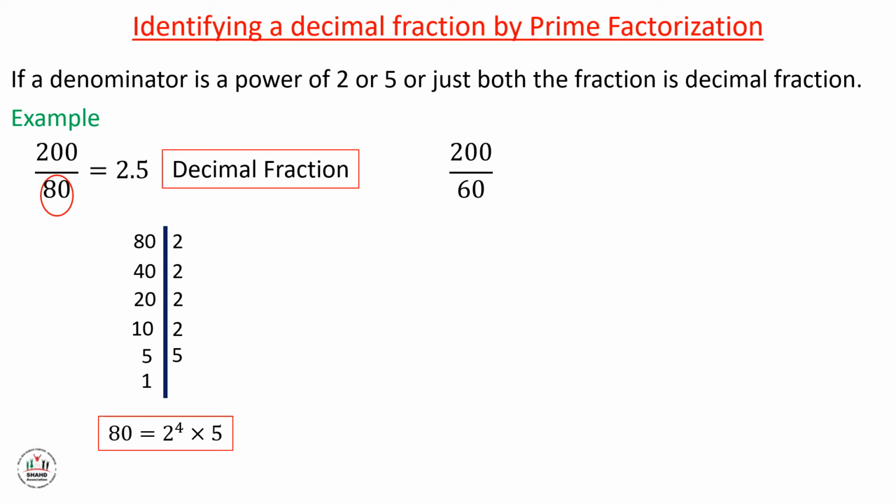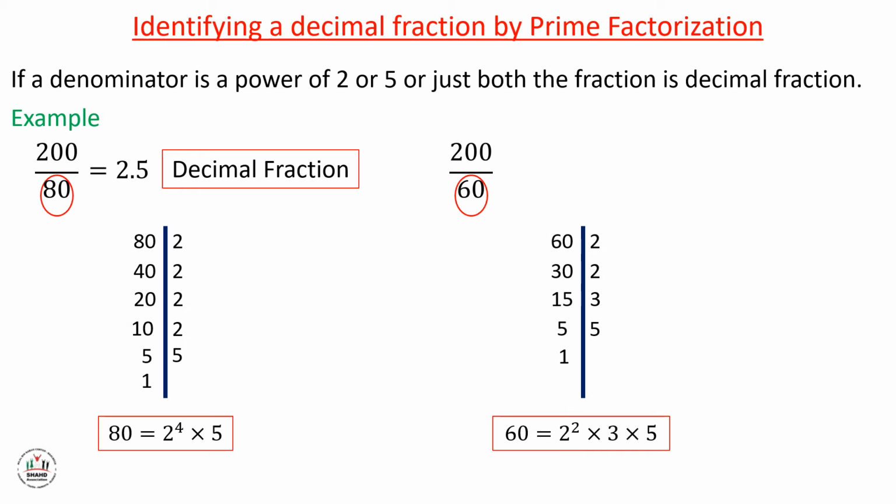200 again, the same numerator, but a different denominator. 200 over 60. Let's see 60. 60 over 2 is equal to 30. 30 divided by 2 is equal to 15. 15 over 3, sorry, is equal to 5, and 5 over 5 is equal to 1. And 60 now is formed of 2 to the power 2 times 3 times 5.